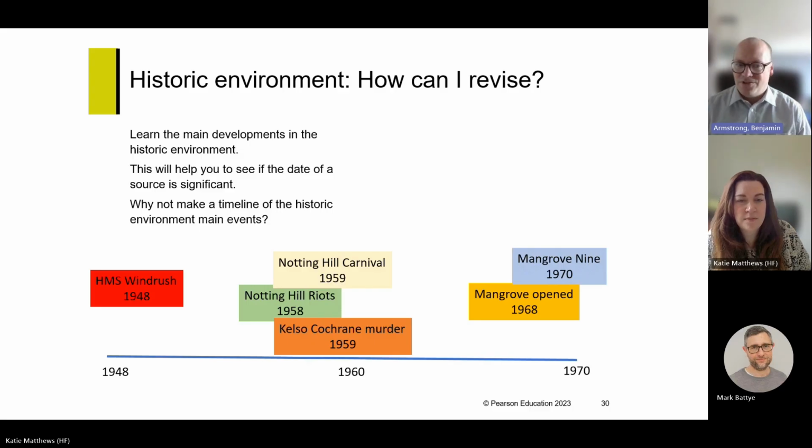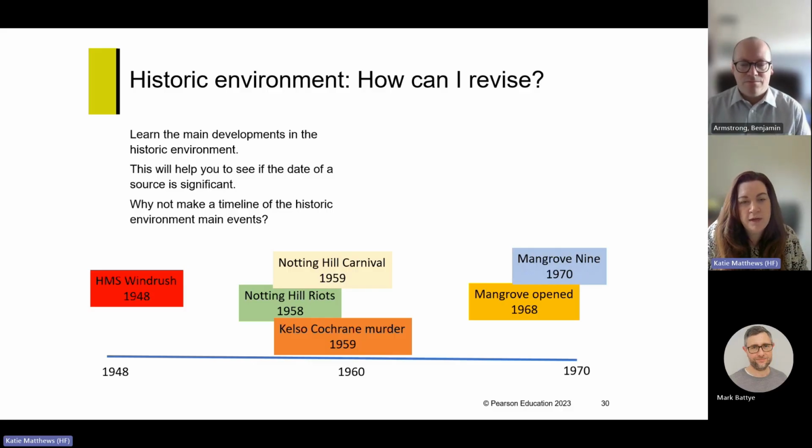On the other hand, if it was set in, say, 1957, it'd be really important to remember that things like the Notting Hill Carnival haven't happened yet. So you wouldn't want to go talking about them as if they've already happened. And so having that understanding is quite important, because often the date of the source is one of the important pieces of information you can pick out. Yeah, and that's really useful for that provenance evaluation, definitely.